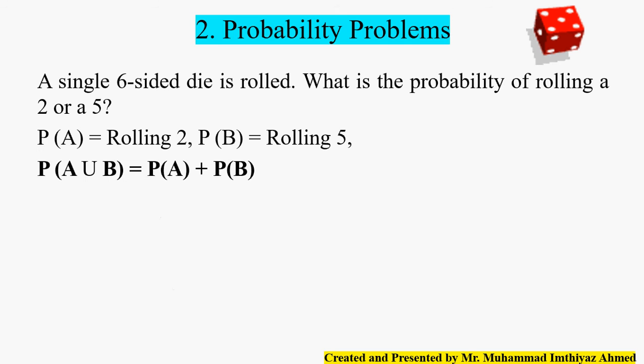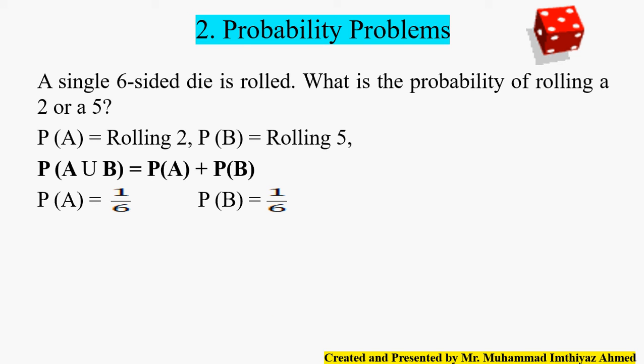So we need to use a formula. Probability of A union B, we need to add probability A plus probability B. Probability A will be 1 by 6 and probability B will be 1 by 6. That is rolling 2 and 5.